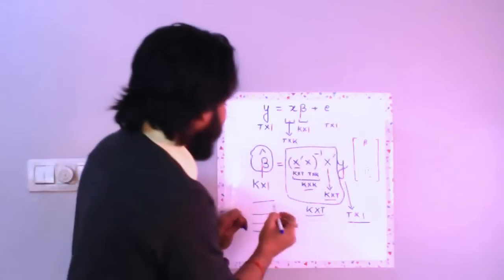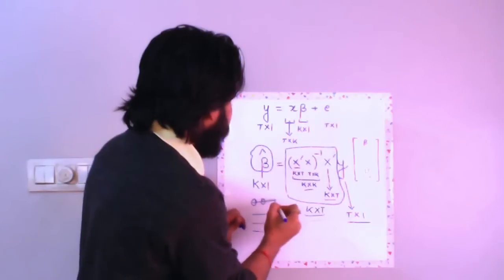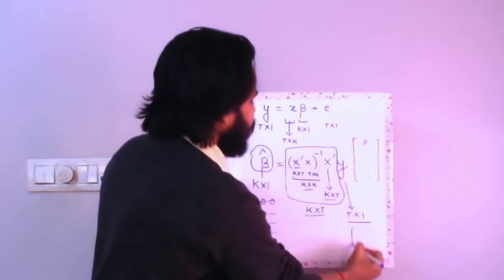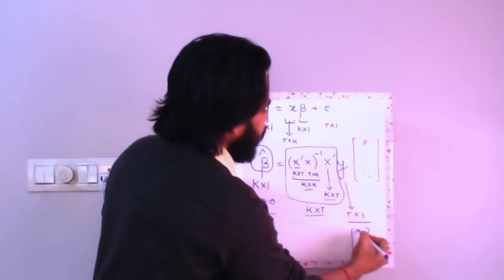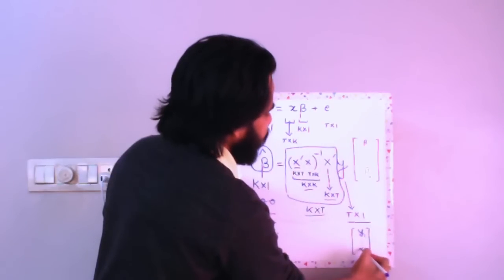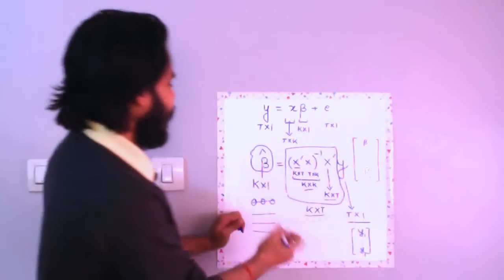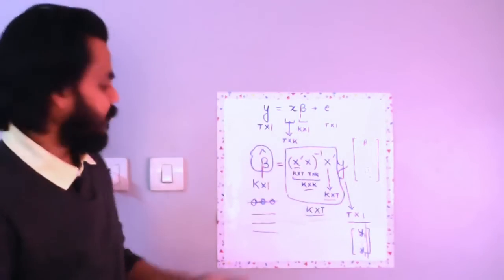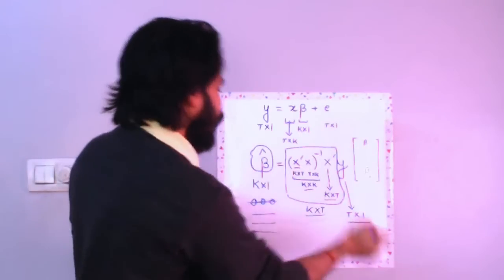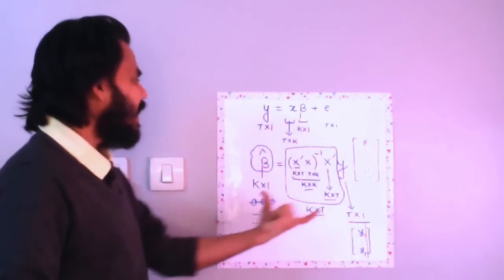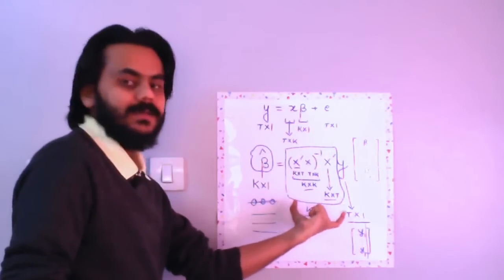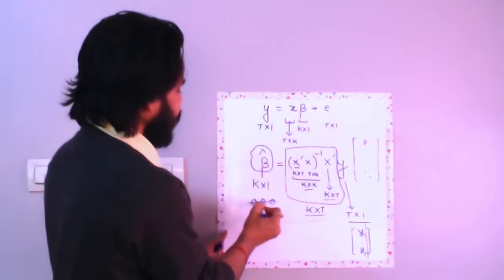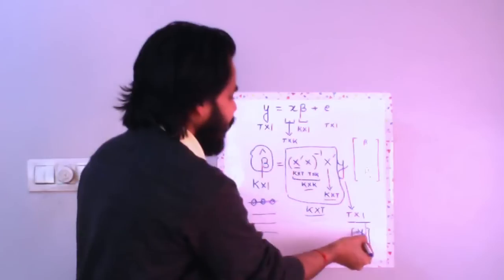You multiply all the row elements with the y elements, because y is t cross 1, so it will be y1 and so on till yt. You take the first row and this whole y1 to yt. Similarly, take the second row, then y1 to yt. So you're combining this matrix with y. It's kind of a linear combination. All the elements are multiplied with the y values.